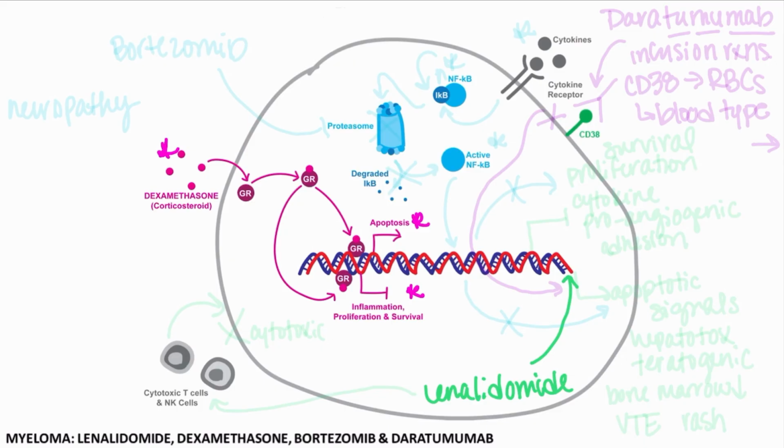So this may include the repression of cytokine, pro-angiogenic factor and adhesion molecule production, as well as other pro-inflammatory proliferation and survival signals. It's also thought to promote apoptotic signals.